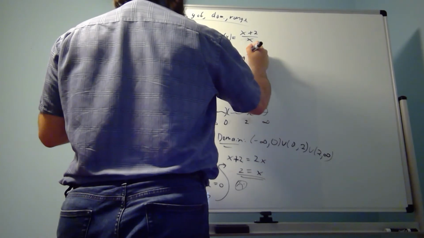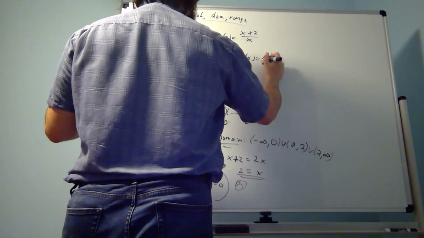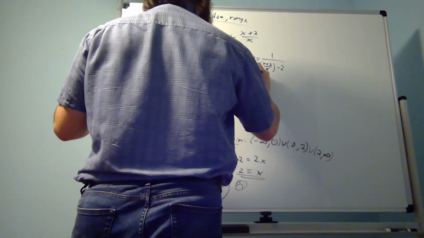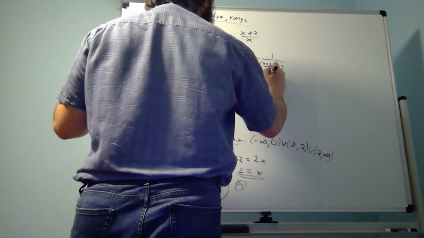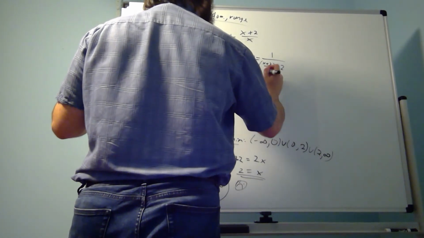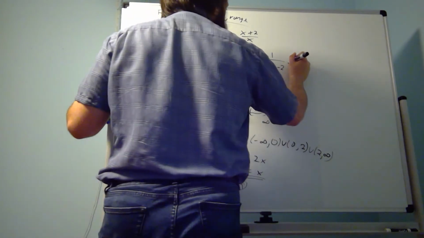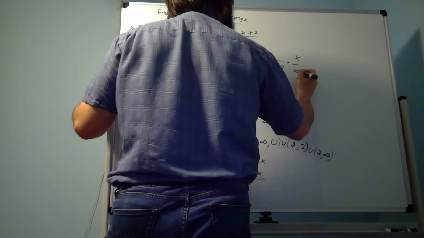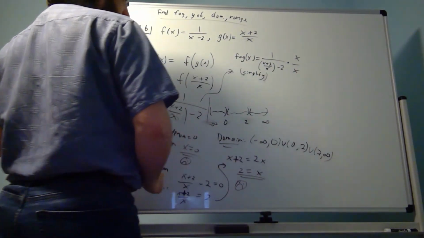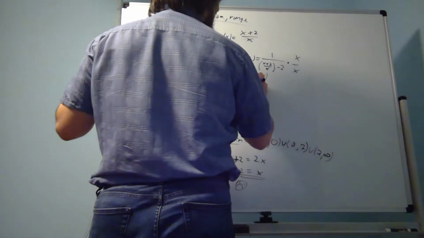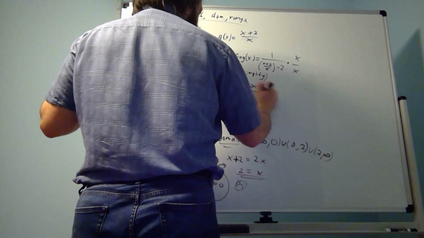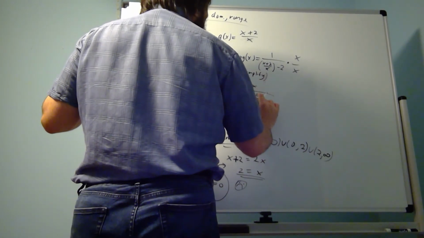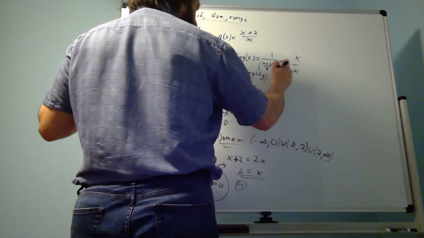If I wanted to simplify this, I multiply the big numerator by x and the big denominator by x, and I get x divided by x times x plus 2 over x. So I distribute here.